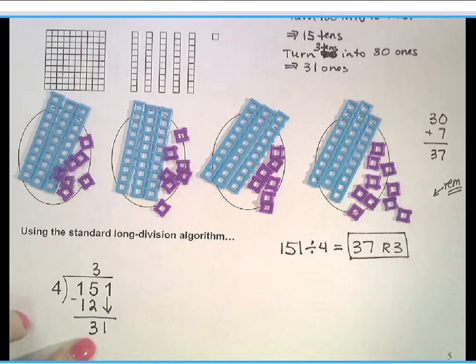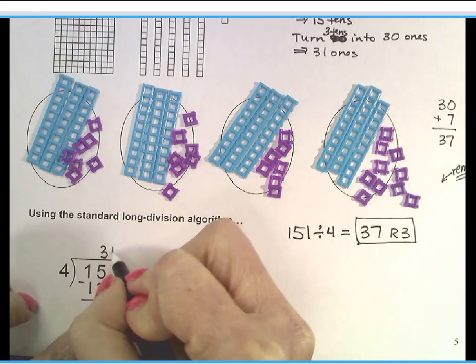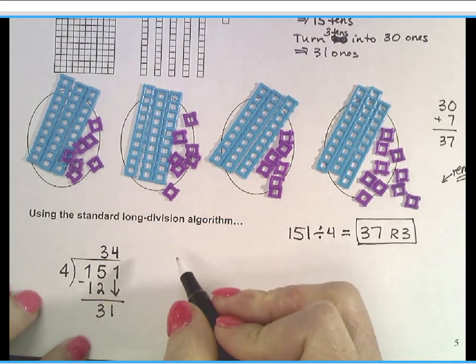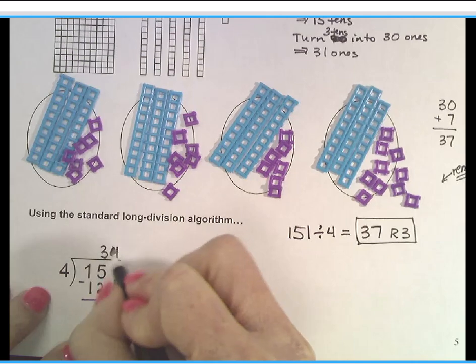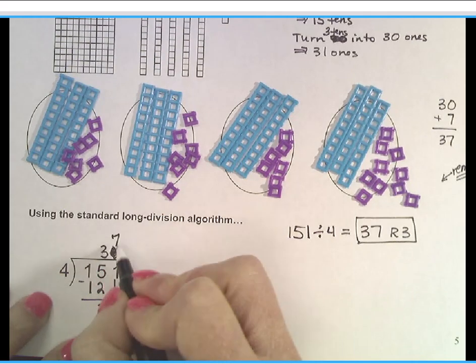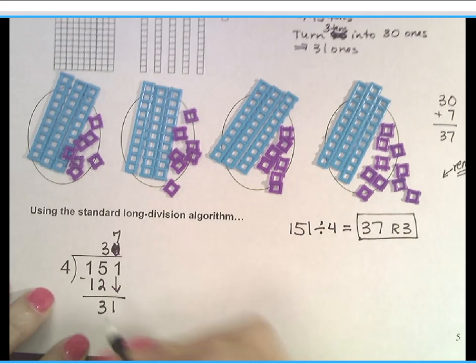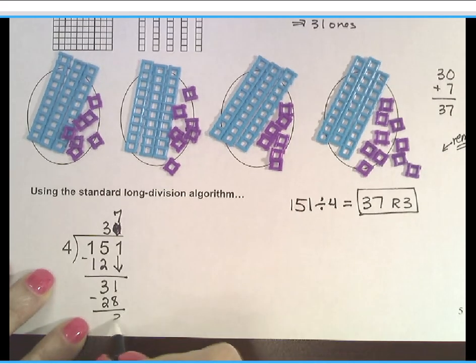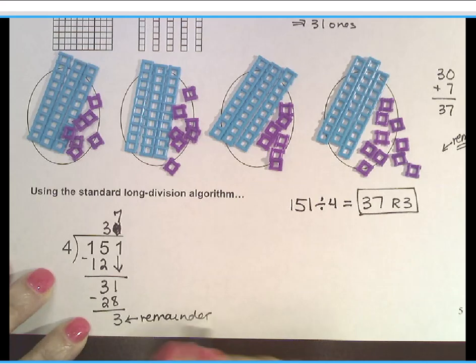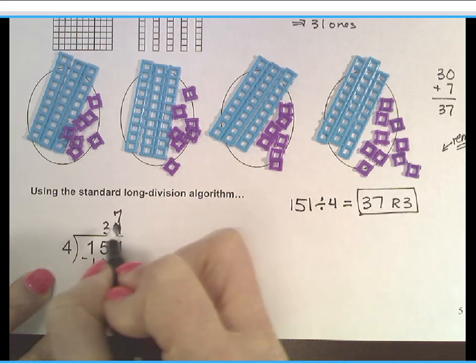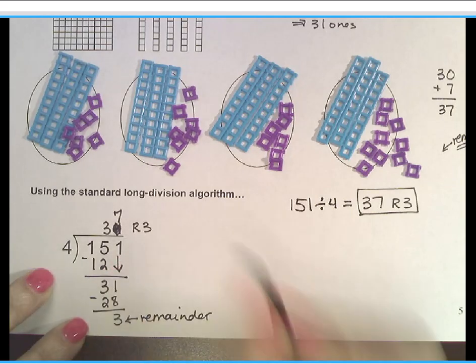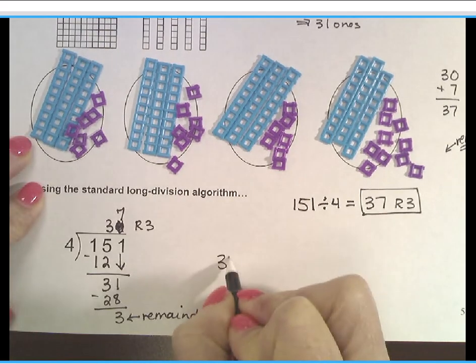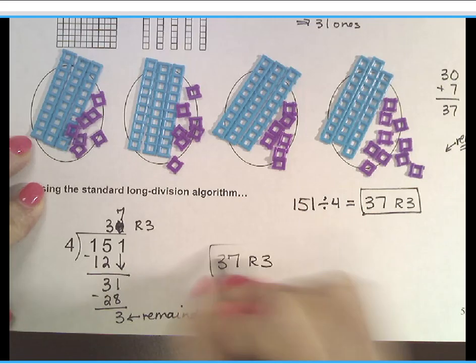It goes in there 7 times, sorry. What am I thinking? 7 times. 7 times 4 is 28. And when you subtract, you end up with 3, and there's your remainder. So it's 37, sorry, that doesn't look very nice, remainder 3. 37 R3, either way that you do it.